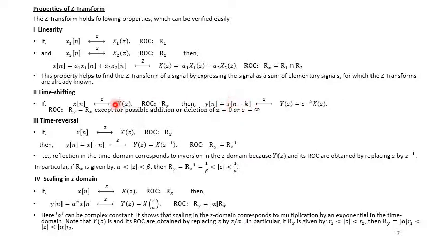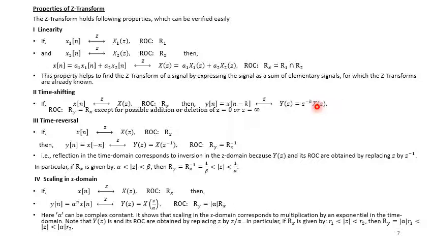Okay, so for example, x of n has Z transform x of z, then the shifted version of x of n, represented by y of n, is equal to x of n minus k, where the shift is by an amount of k. If we take its transform, it's simply multiplication by a factor of z power minus k. If you recall the Fourier transform, we had a similar expression there as well.